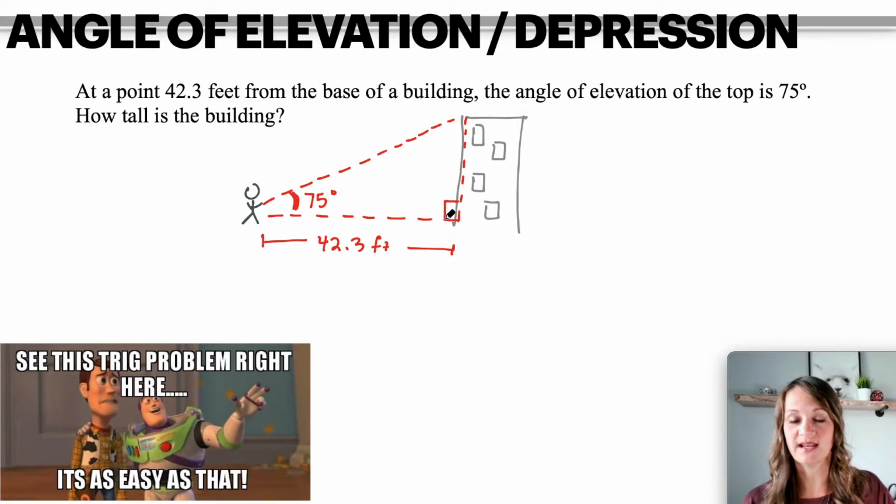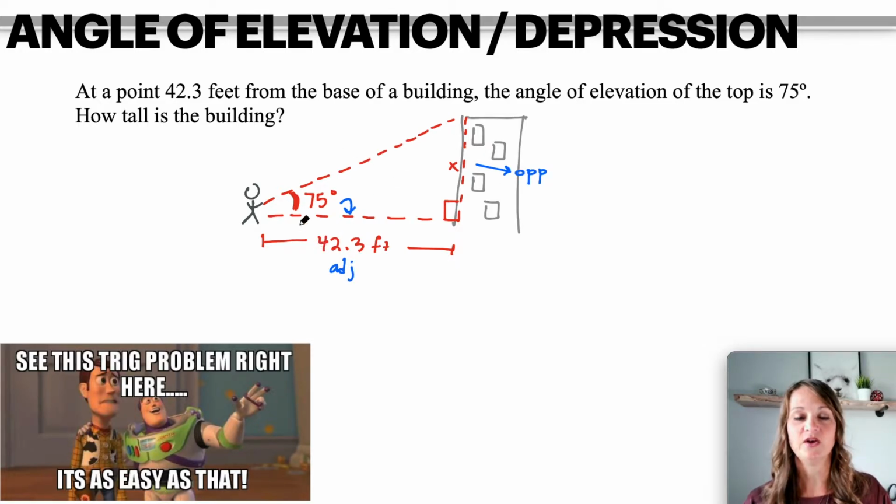This becomes our right angle, assuming that the building is at 90 degrees. And we want to know the height of the building. And we have now created a triangle based off this information. This is where SOHCAHTOA comes in. So therefore, according to this angle, this becomes our opposite side, and this becomes our adjacent side. Hypotenuse is not in play in this case.